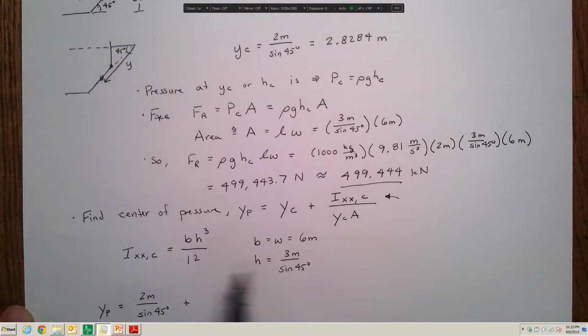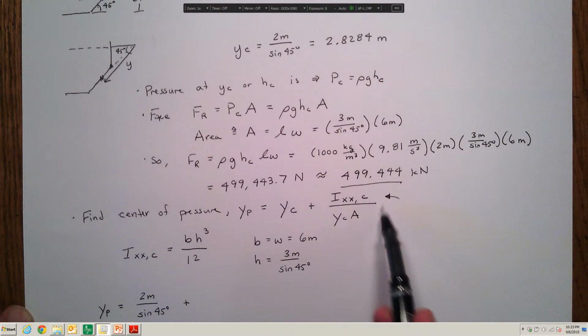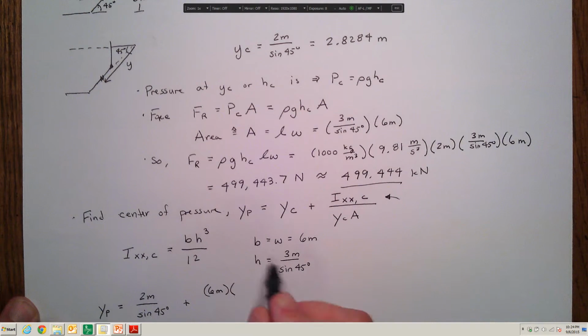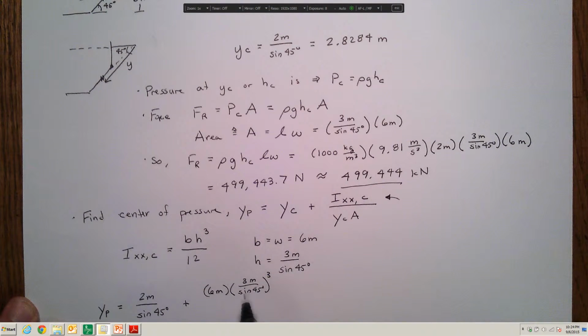Now I plug all of this in. For the area moment of inertia, we have 6 meters for B multiplied by the height cubed, so 3 meters divided by the sine of 45 degrees, cubed, all divided by 12.